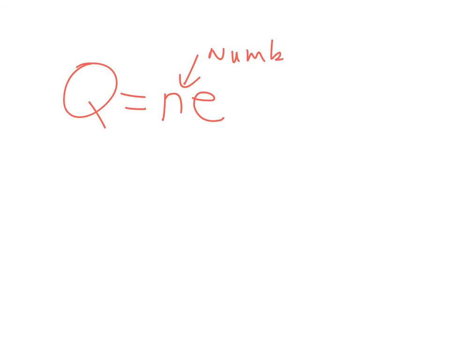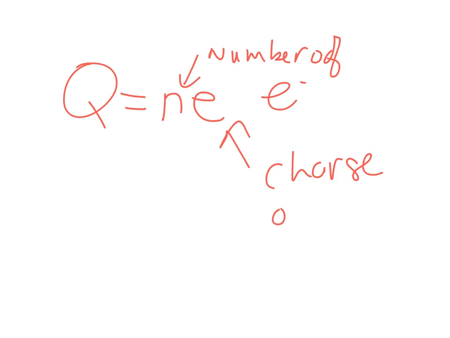One of the things that we need to think about real quick is that our quantity of charge is directly related to the number of electrons that we have. So this represents the number of electrons, and then e is the charge of one electron.